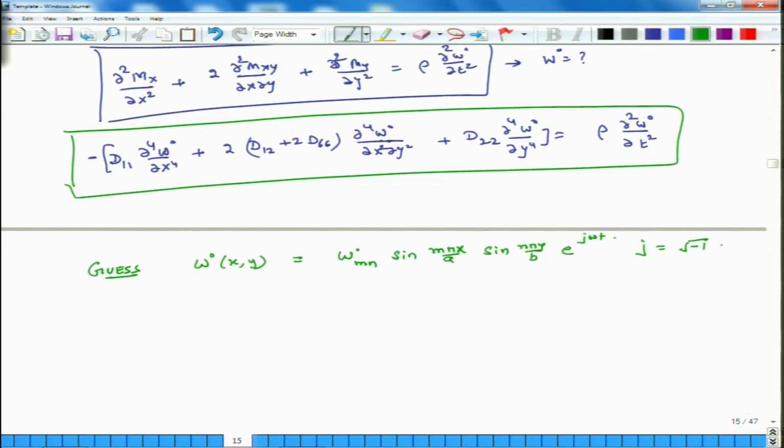So, this assumed solution has a function of x and y and a function of time.